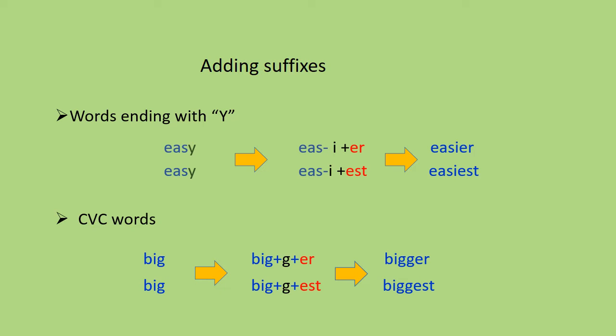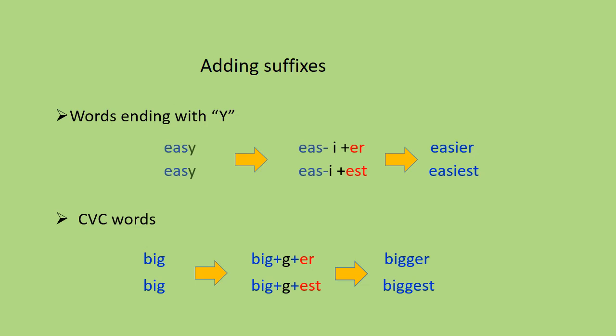Okay, children, and now let's remind certain rules we should consider when adding suffixes. Words ending with y. When we add a suffix to a word ending with y, we drop y and add i before adding the suffix. As in the example, you can see easy, easier, easiest.